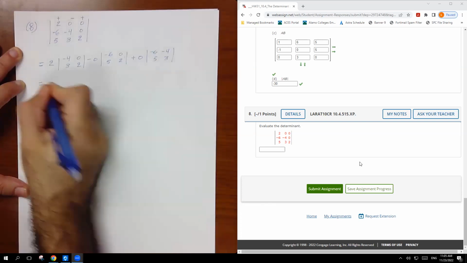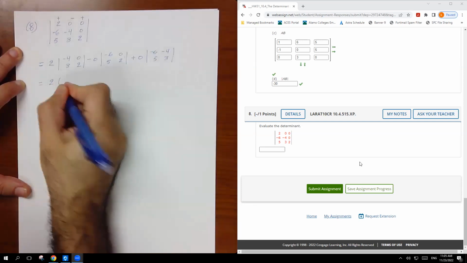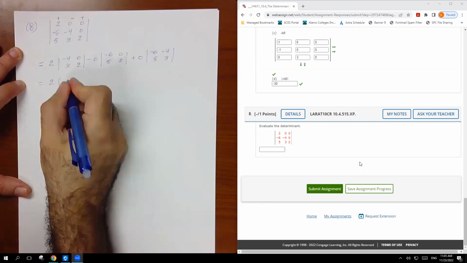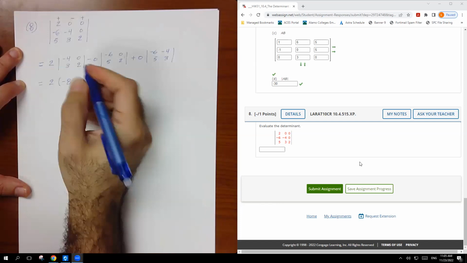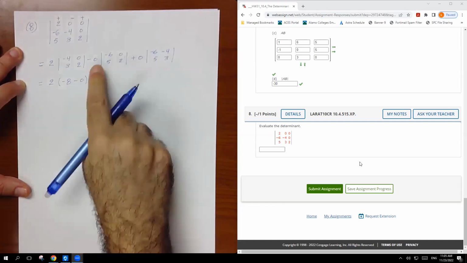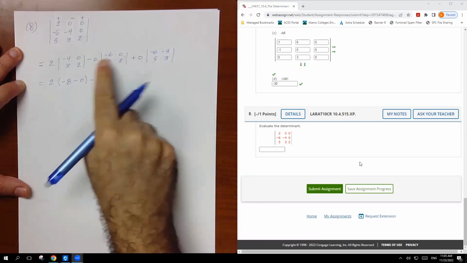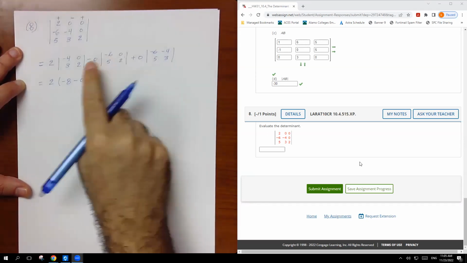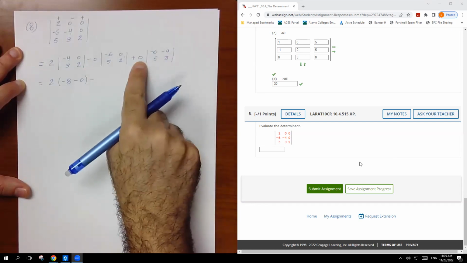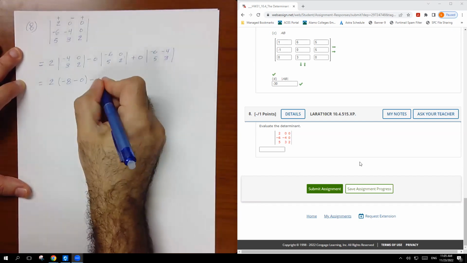So now it's going to be 2 times the determinant for this matrix: -4 times 2 is going to be -8, minus 0 times 3 is going to be 0. Minus, if you look at this matrix, 0, any number you're going to get here times 0 is going to be 0. Any number you're going to get here times 0 is going to be 0. So this one is 0.